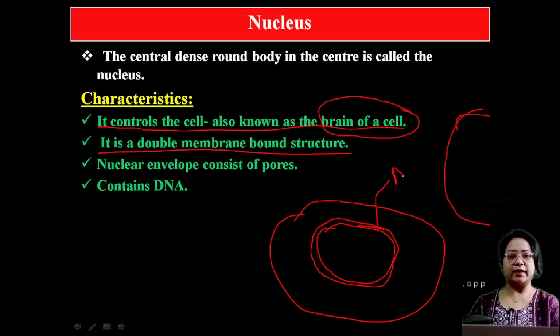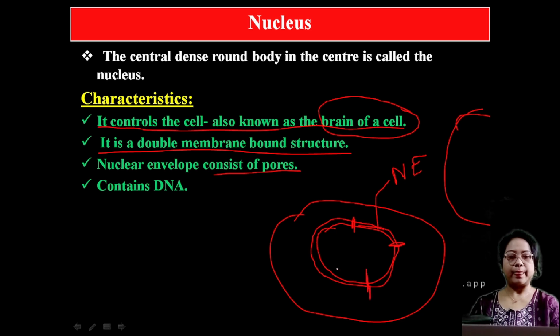And this nuclear envelope consists of pores in it. That means here we can see there are gaps.